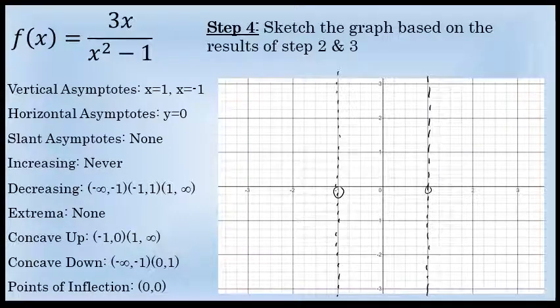The horizontal asymptote is a little different. The horizontal asymptote, as I mentioned earlier, just provides a border or a boundary for what the graph is going to approach as x approaches -infinity and as x approaches +infinity.